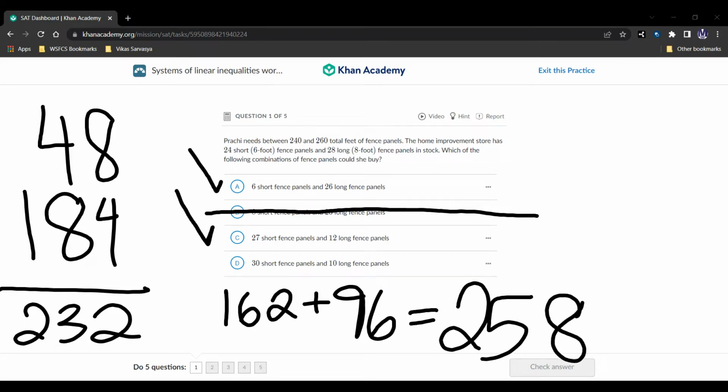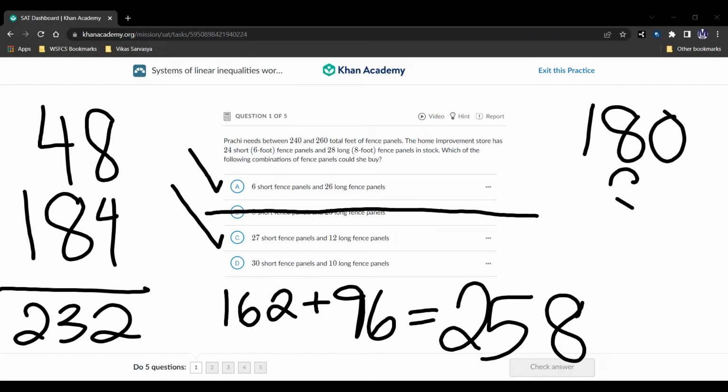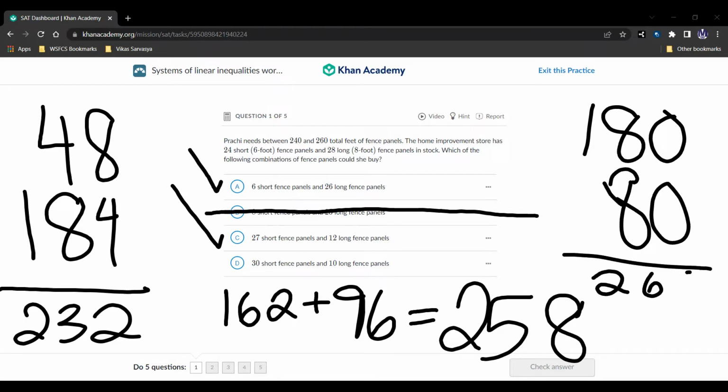Let's see why that is. And then we have 30 short fence panels and 10 long fence panels. 30 short fence panels is going to be 180, and 10 long fence panels is going to be 80. So it's going to be 260. So this one also works.